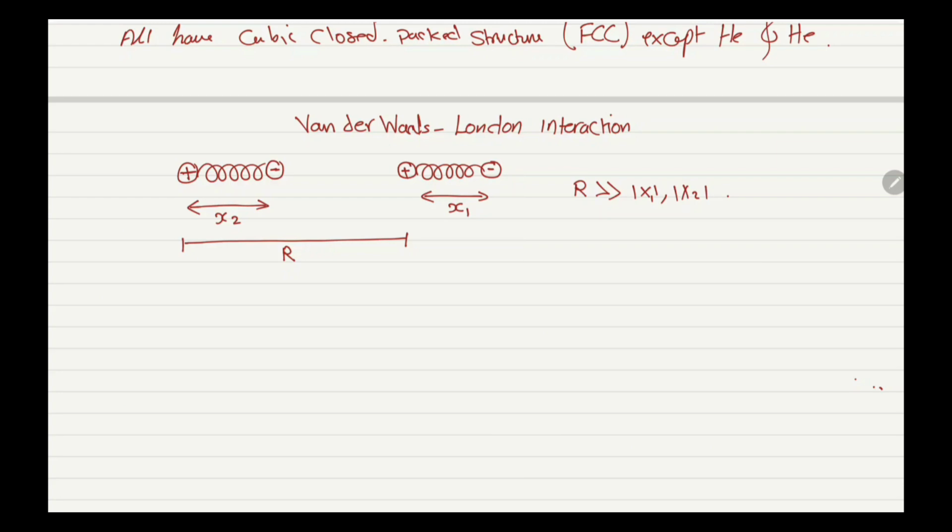In this case, the Hamiltonian of the unperturbed system is H0, which consists of kinetic energy and elastic potential energy.